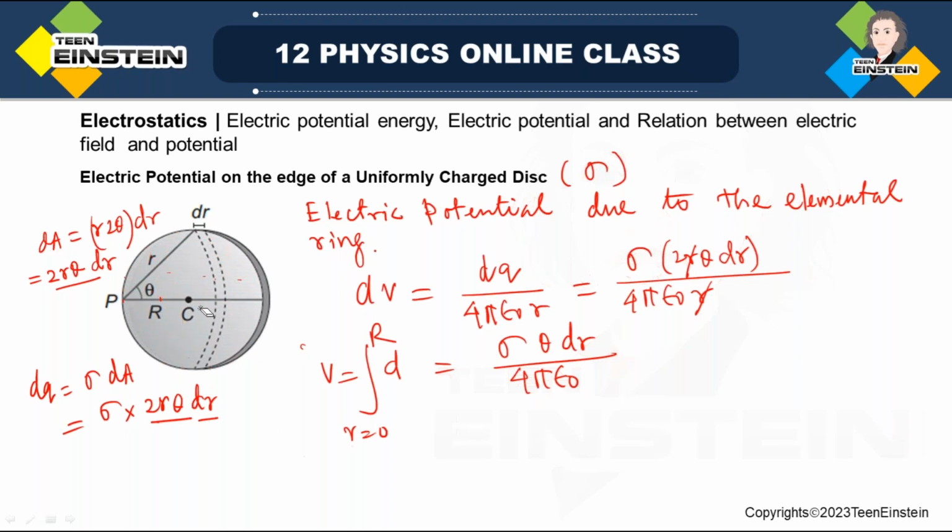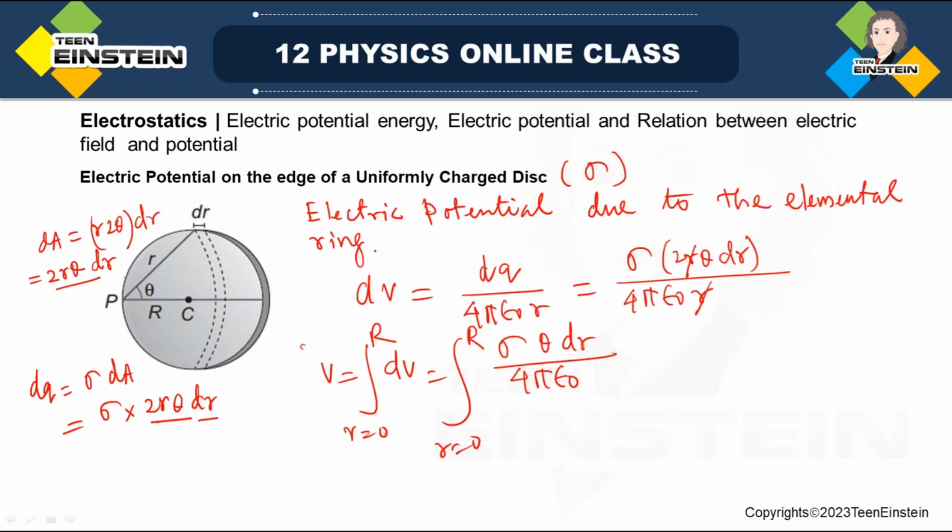So that's why I can write the limit for small r as 0 to capital R, and this part is already there. So this is dv.